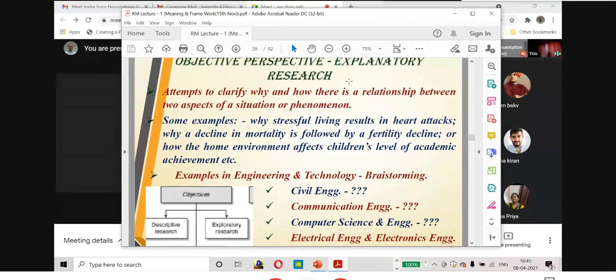Exploratory means you probe into the more basic aspects of this problem and you supply answers or information in a better way to explain the relationship between the independent variable and the dependent variable, the cause and the effect, the problem and the solution.